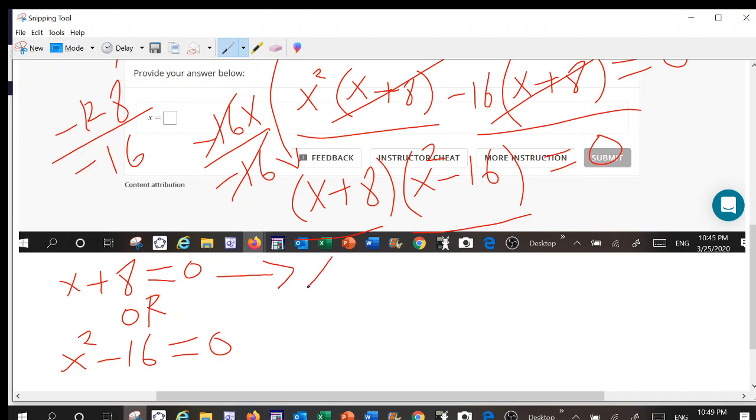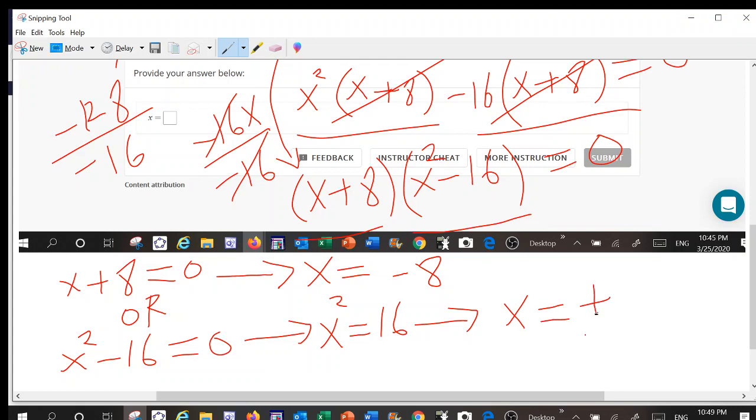This one gives us negative 8, and this one is easy to solve. We can move the 16 to the side and use the square root method. Take the square root of both sides. So x is going to be plus and minus 4.